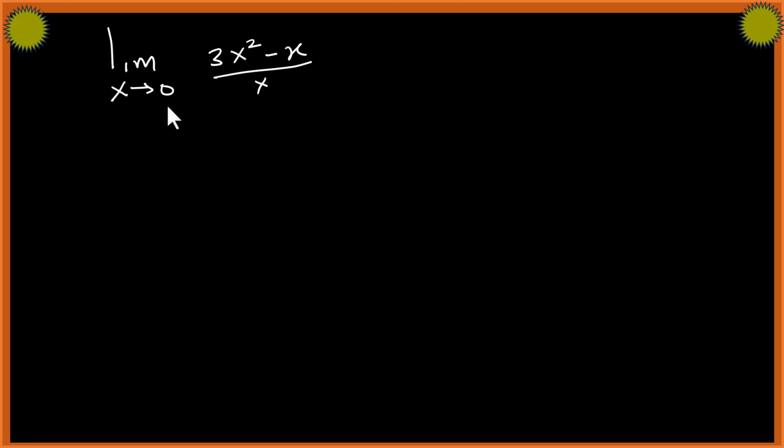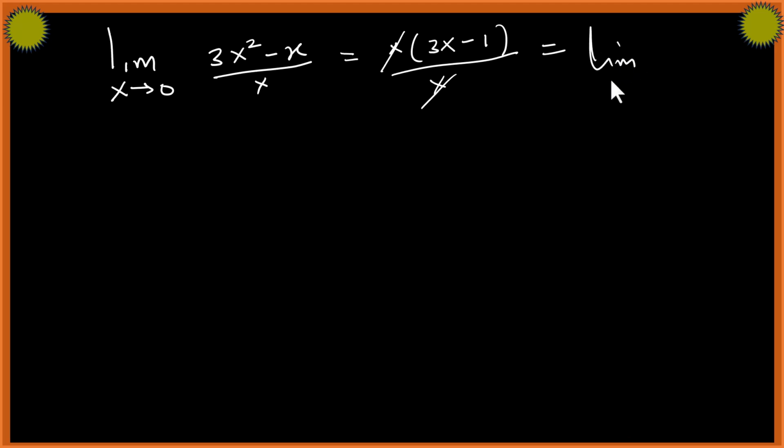We factorize x out of the numerator, so I will be left with 3x minus 1 over x. This x will cancel this x, so I will be left with the limit of 3x minus 1 as x approaches 0.